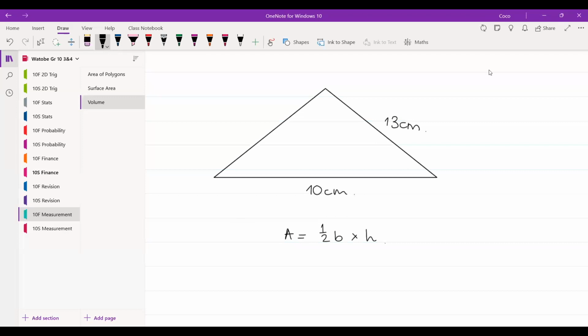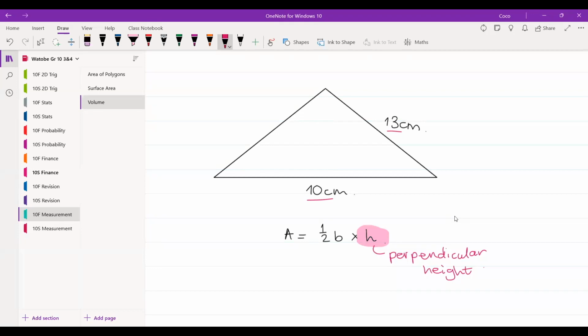Now this h over here is the perpendicular height. So we can't just say half of 10 times 13.